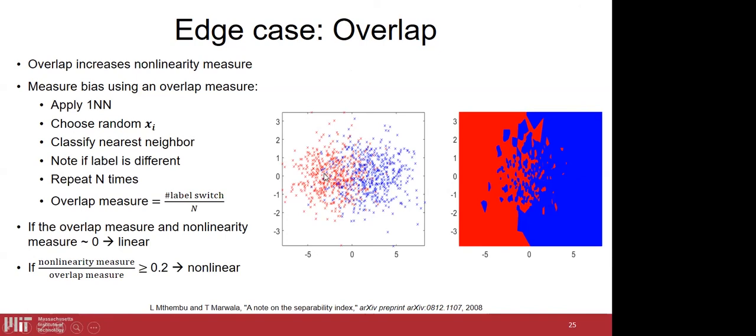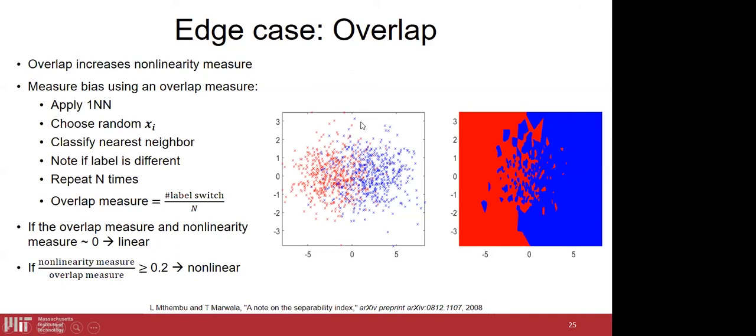If I now apply my one nearest neighbor, my nonlinear decision boundary, that is shown on the right-hand side here, and it shows you which areas would be classified to belong to the red and which areas to the blue. And if I choose, let's say, the point where my mouse is here in blue, and then this other point also in blue, I can have a situation where in between I end up in the red. So I would have a nonlinearity measure that is actually higher than 0.